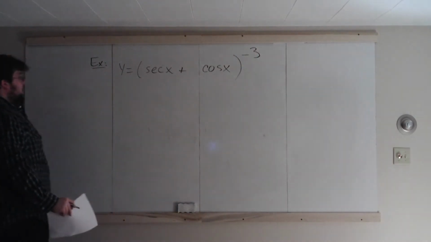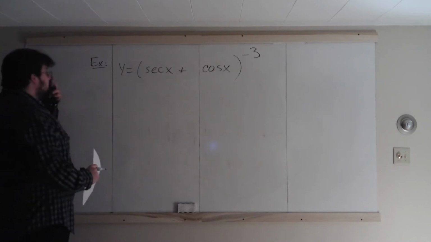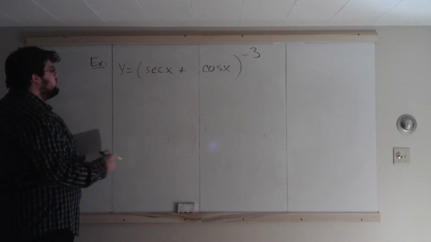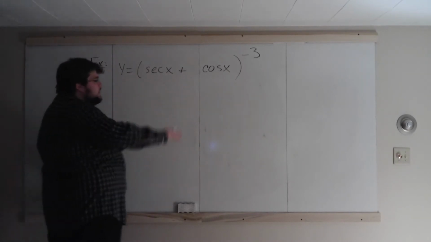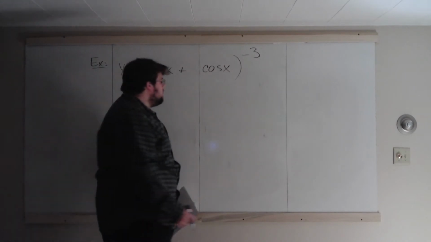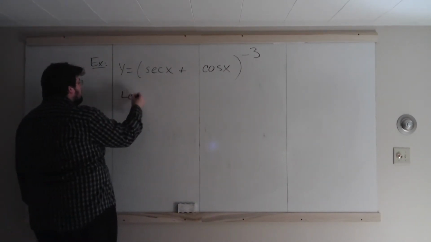Next, find dy dx. y equals (secant x plus cosine x) to the negative third. Let's do the u substitution here. This function is something to the negative third.